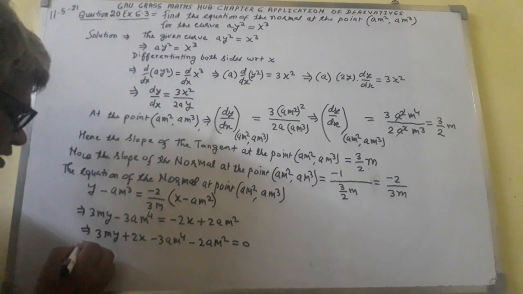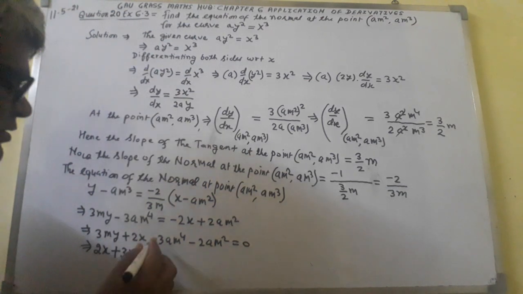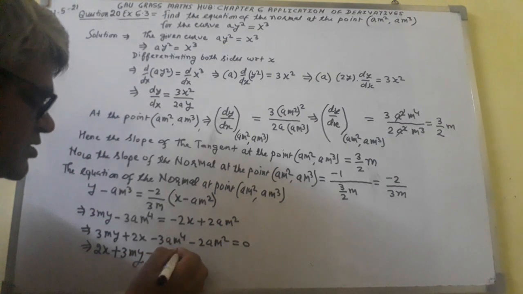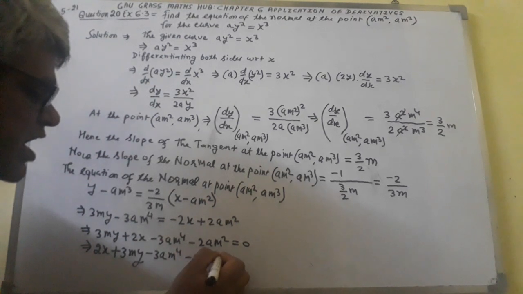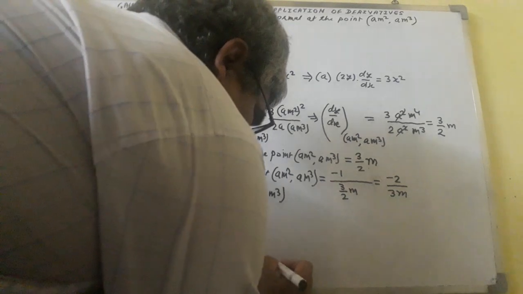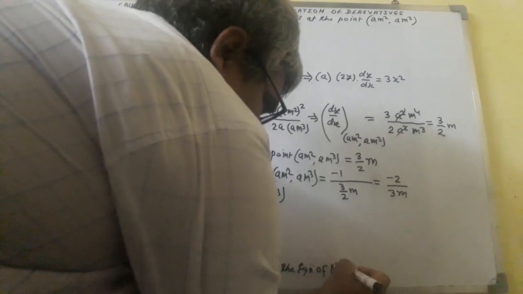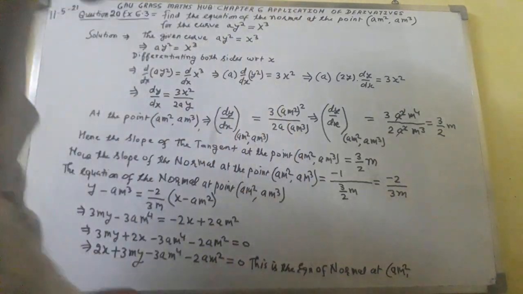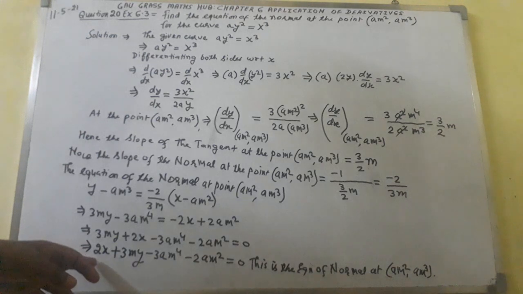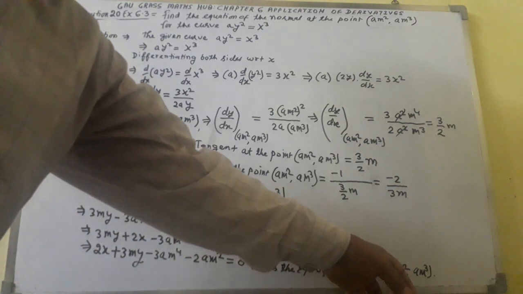This is the equation of the normal at the point (am², am³): 2x plus 3my minus 3am⁴ minus 2am² equal to 0.